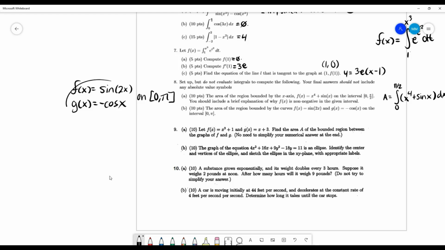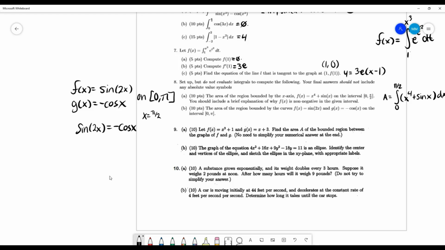Generally speaking, you'd set these equal to each other and see when they're equal, because that's when they intersect. Because these are trig functions, that becomes significantly more complicated for most people. In this case though, sine of 2x equals negative cosine of x on this interval only when x equals pi over 2.